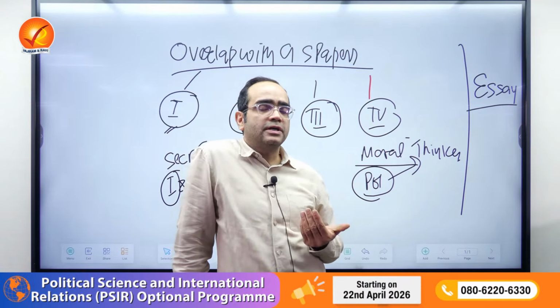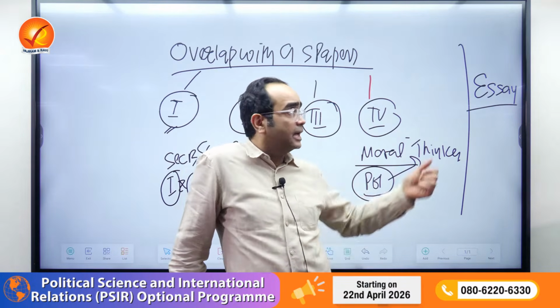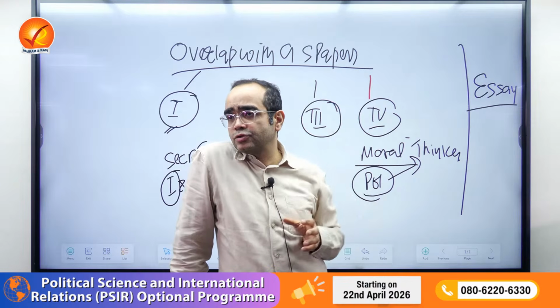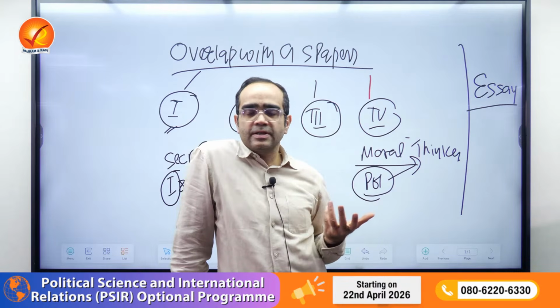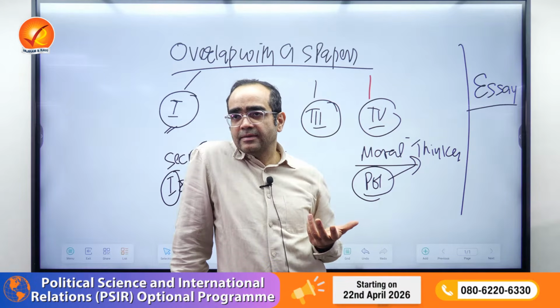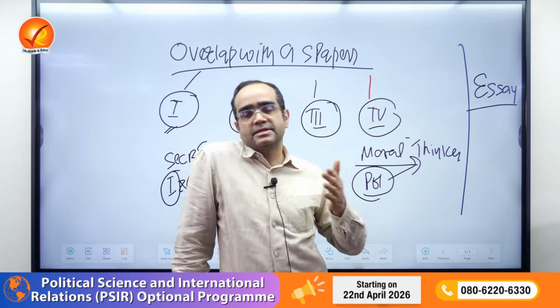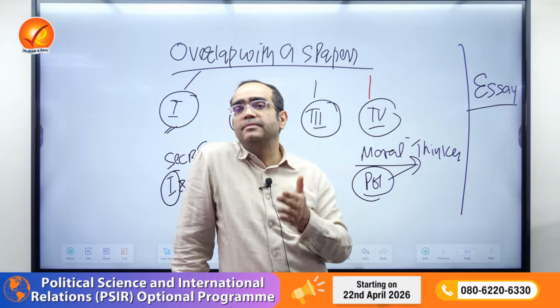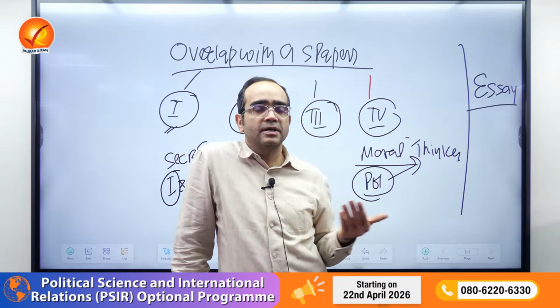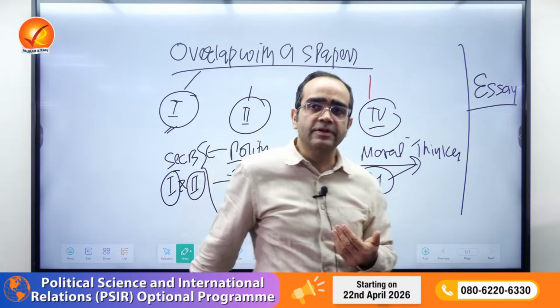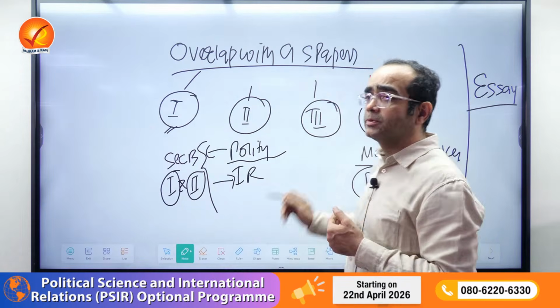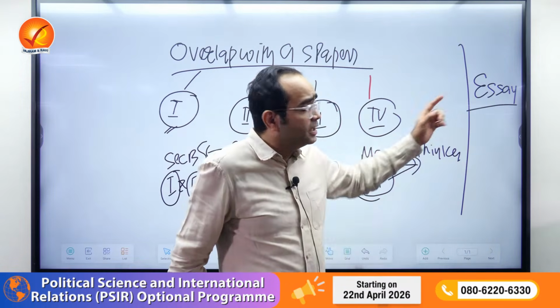So your good understanding of PSIR optional will help you in acing the essay also. And essay students have been getting very good marks. So this is how in mains PSIR optional will help you in getting good marks in GS also because of its overlap with all the 4 papers of GS as well as the crucial essay paper.